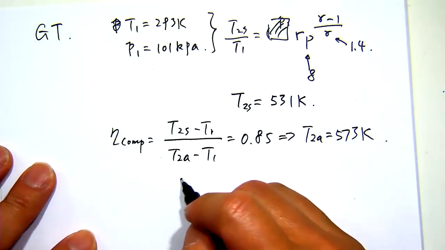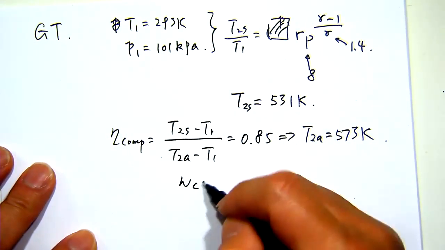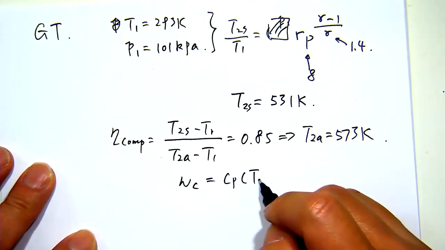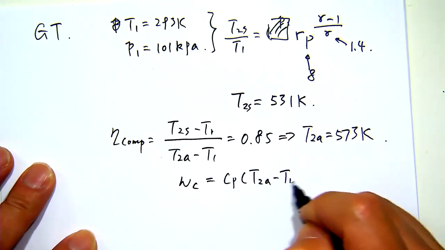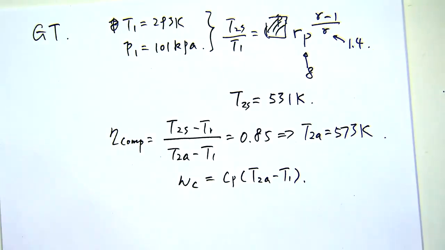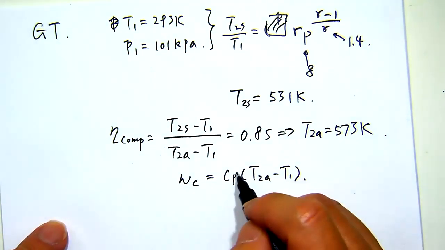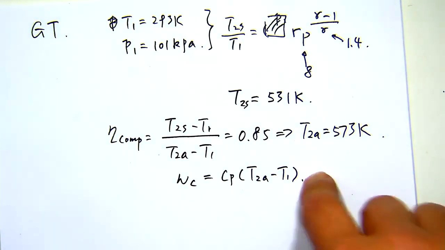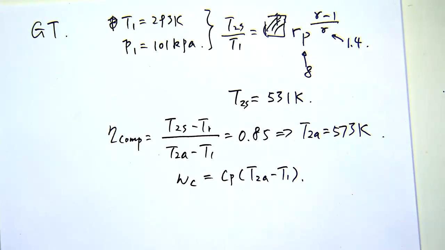Then we can determine the compressor work, which is Cp times T2a minus T1. I don't have this number calculated here, so I just leave the equation there, and later on we can bring all the numbers together.